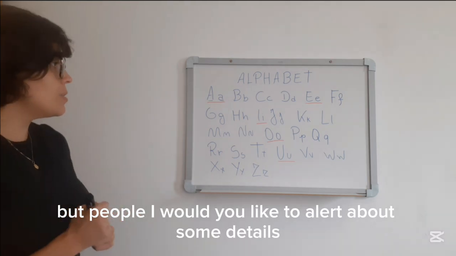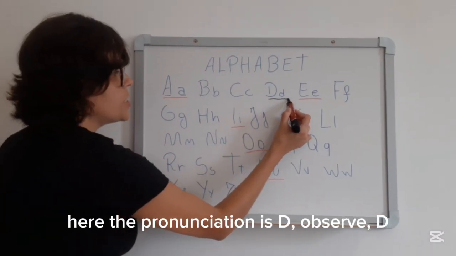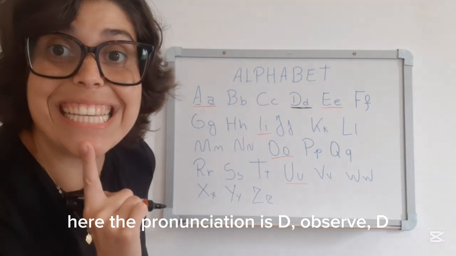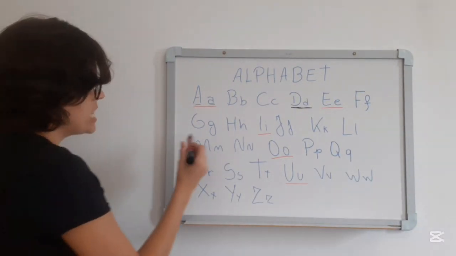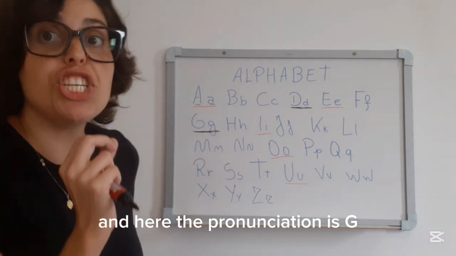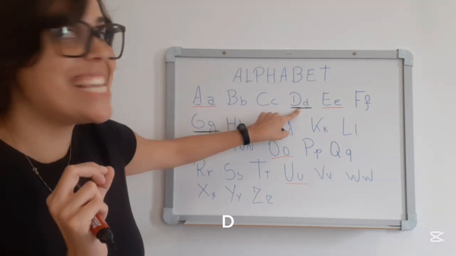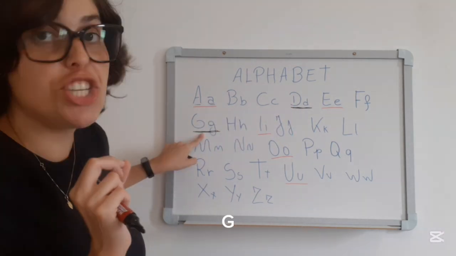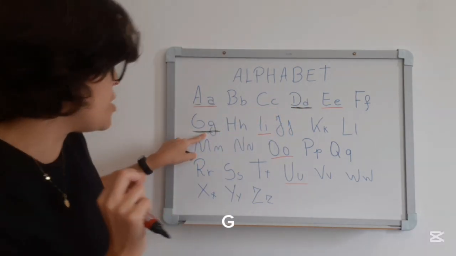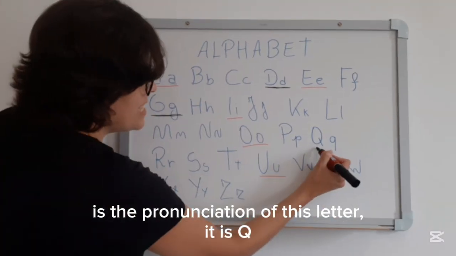But people, would you like to alert about some details? Here, the pronunciation is D. Observe, D. And here, the pronunciation is G. G. D. G. D. G. Another important detail is the pronunciation of this letter.